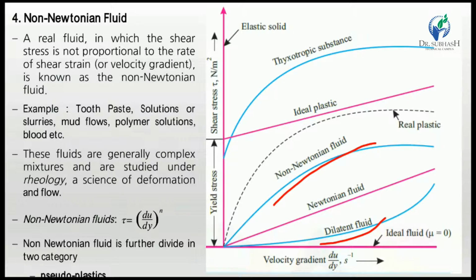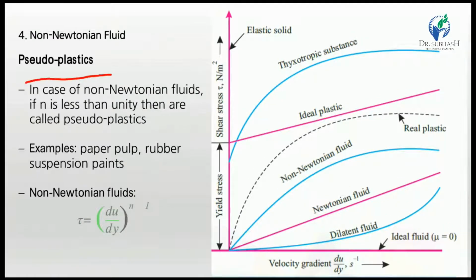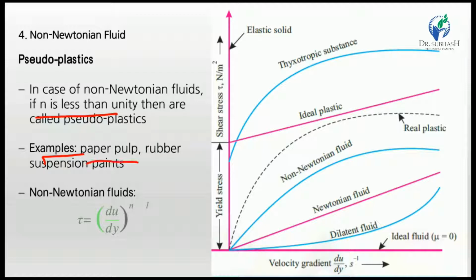Okay. So pseudoplastic fluid: in the case of a non-Newtonian fluid, if the value of n is less than unity, then our fluid is called a pseudoplastic fluid. Okay. Examples are paper pulp, rubber and rubber suspensions, and paint.